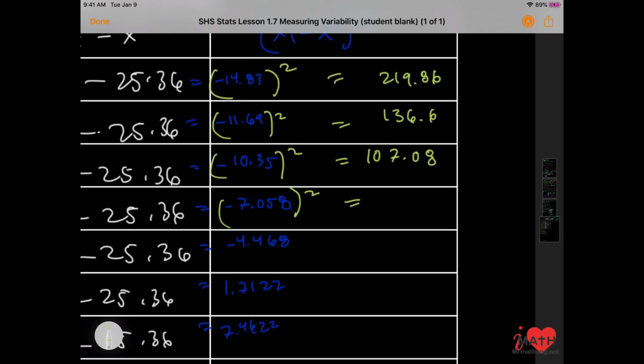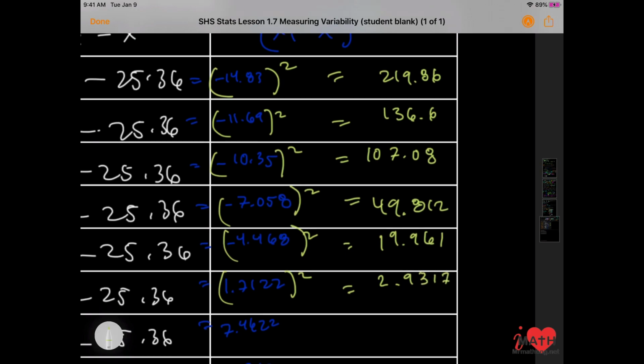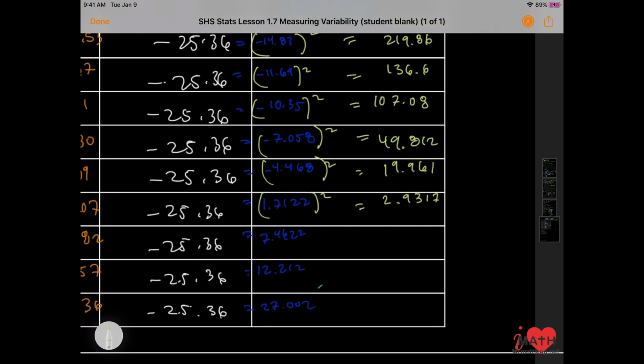Square this one, you will get 49.812. Negative 4 point, that gives me 19.961. Square this number, 2.9317. And remember, if you're squaring any number, positive times a positive or negative times a negative, it'll always be a positive.